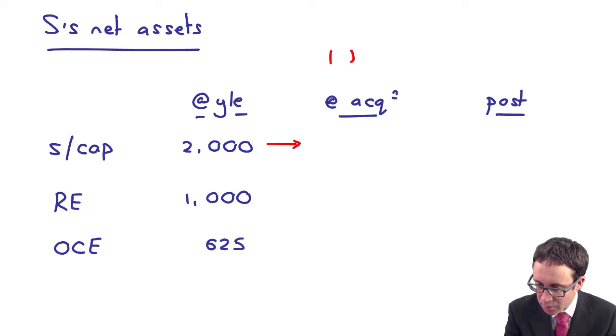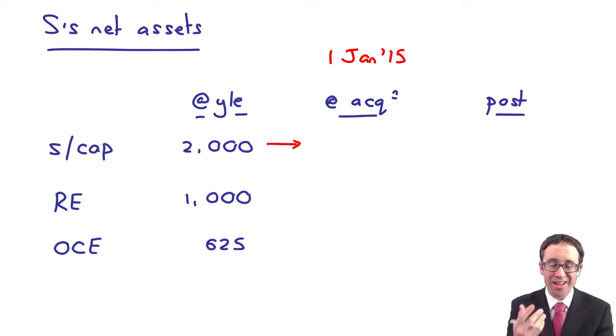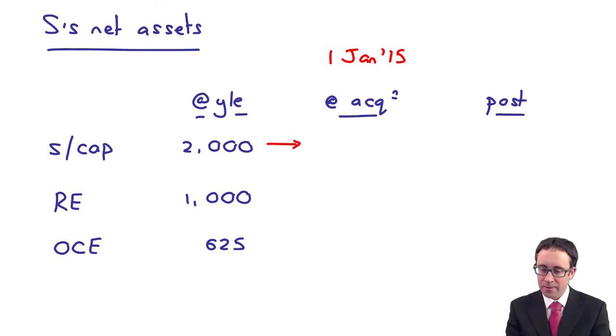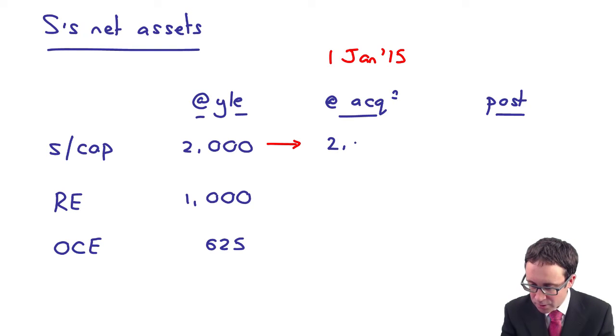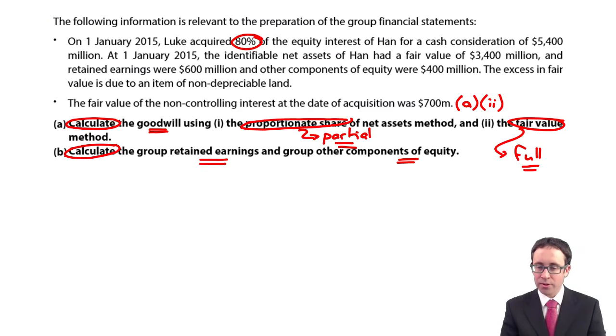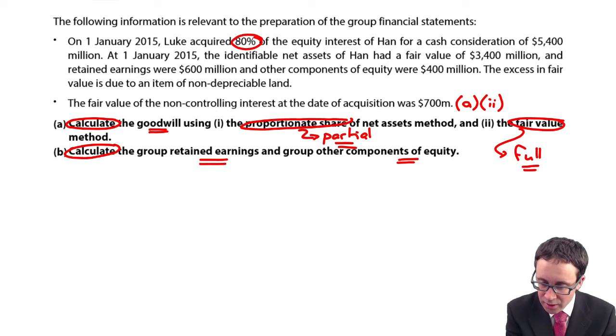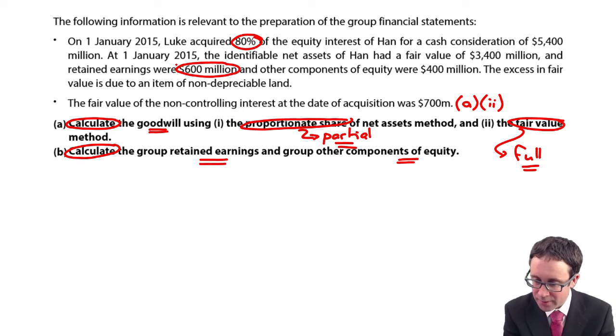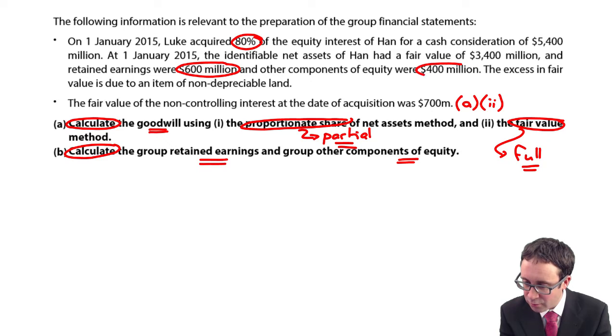The date of acquisition, which I think was the 1st of Jan 2015, so it's at the start of this year. The share capital will never have changed. Okay, so that will be the 2,000 as well. The retained earnings, the other component of equity, what have we got there? Well, we're told there that they are 600 million, and is it 400 million?